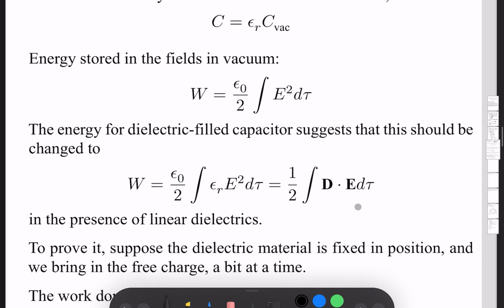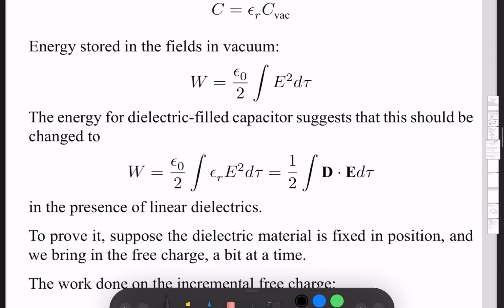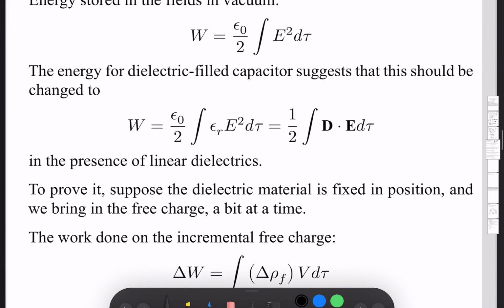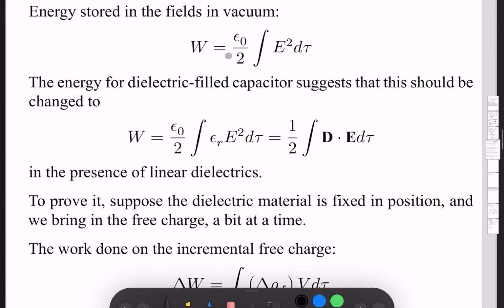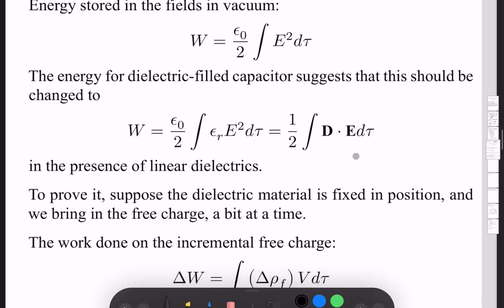So now the claim is that instead of the energy stored in the vacuum, the correction to the energy stored in the system with the dielectric material is to simply replace one of the E by the D, and this is the expression for the total energy stored in the field.